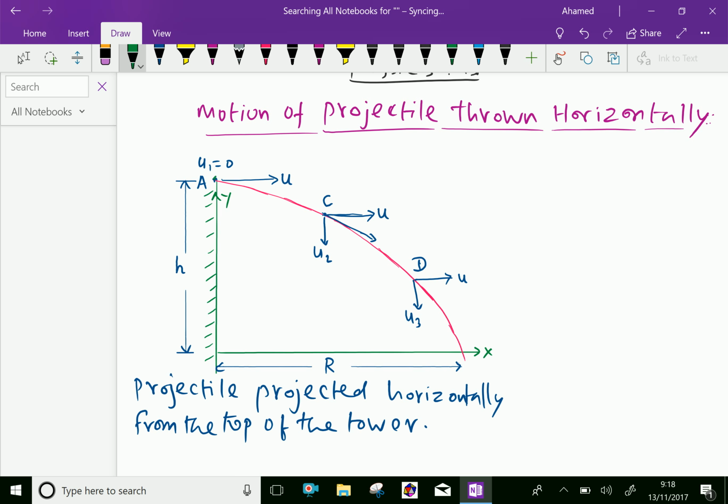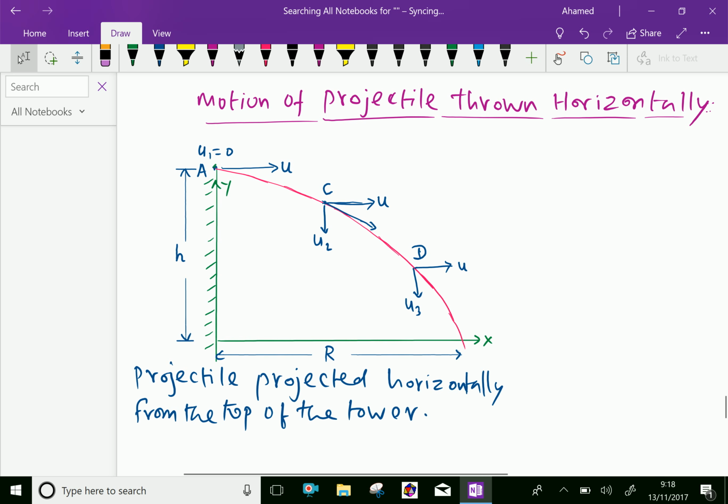Now the object acquires a constant horizontal velocity u everywhere, and this is constant along the OX direction. But this ball has vertical velocity also, which is continuously increasing because of the earth's gravity.